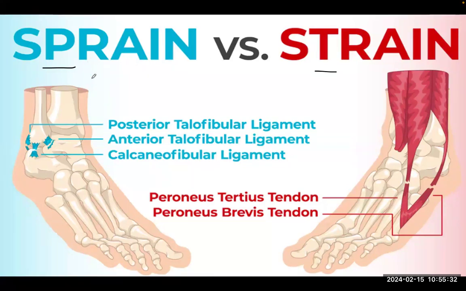And sprains, if you look on the left-hand side, we're looking at the foot and the ankle here. This is the tibia, and the lateral bone is the fibula, right? This is medial, this is lateral, this is the great toe, the hallux.